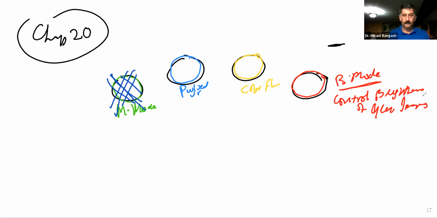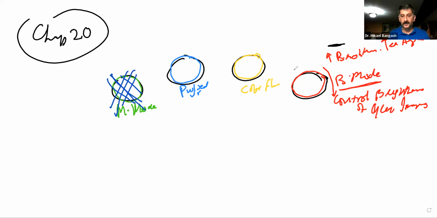Right, okay. We said that if you, for instance, turn this knob here clockwise, that was going to increase the brightness, mainly because we increase the amplification. Right?